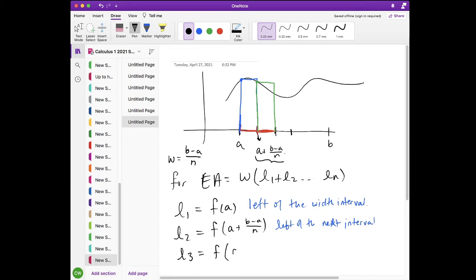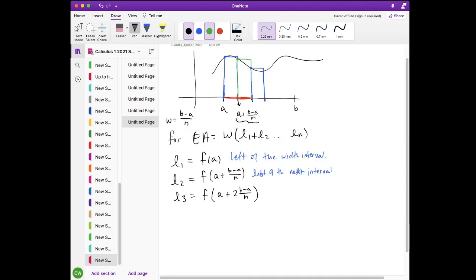So a plus 2 times b minus a over n. So I go from this, so this one is going to be 2 times b minus a over n. Draw a line up until we hit the curve, and draw a rectangle over. Okay, so I do this a bunch of times until I reach the last rectangle. What is the width of the last rectangle? Sorry, the length of the last rectangle.